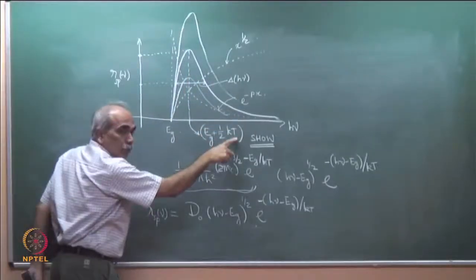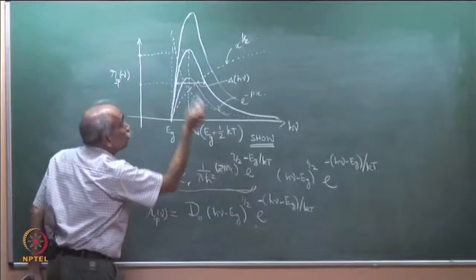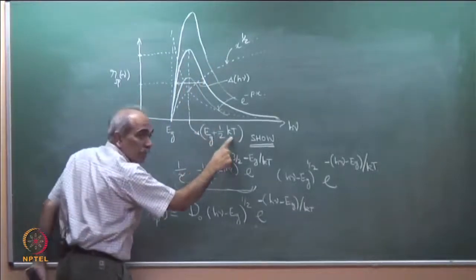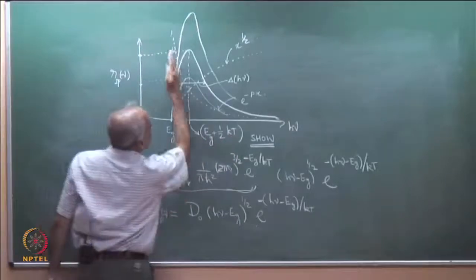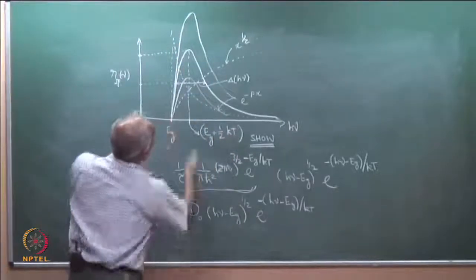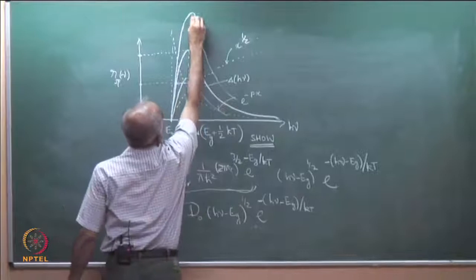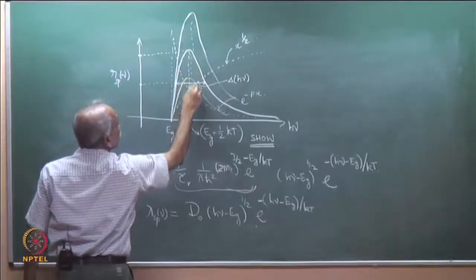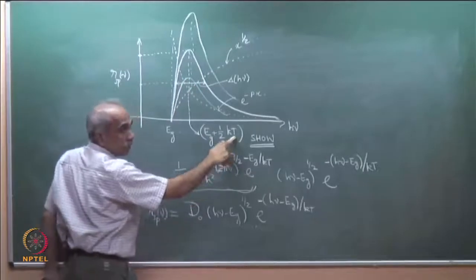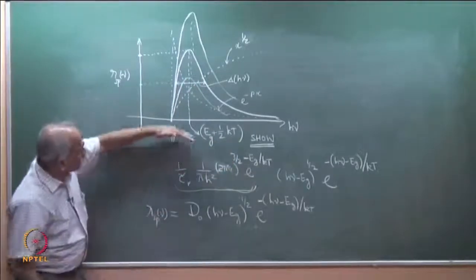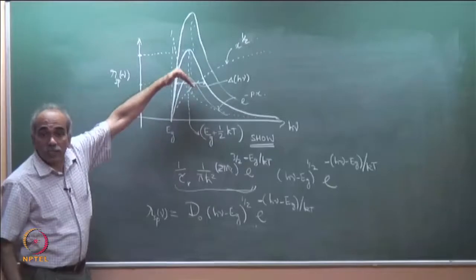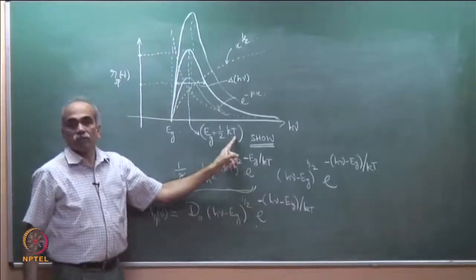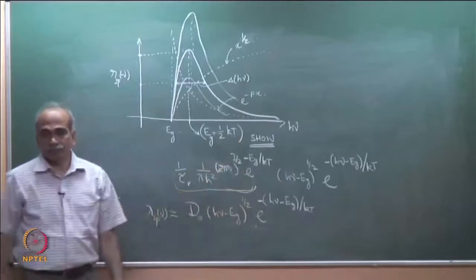Similarly, when you put T different values, the peak shifts, because this is Eg plus half kT. Larger kT means the peak shifts. So, deliberately I have shown the peak shifting slightly, see. So, this peak shifting, because higher temperature will have larger spontaneous emission coming out and also the peak shifted by a small value.